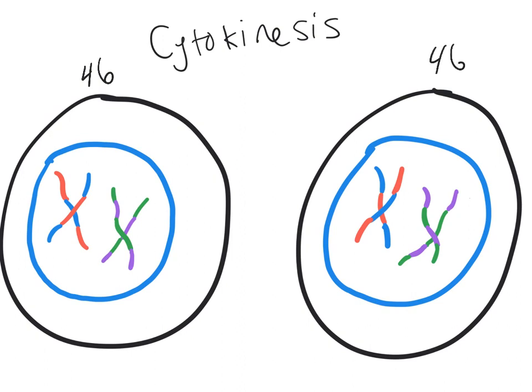So this poses a problem, because if sperm and egg had 46 chromosomes apiece, that would not lead to good things when fertilization occurred, because then a 46 chromosome sperm would fertilize a 46 chromosome egg, which would lead to a 92 chromosome person. Not exactly what the goal is. So what we need to do is divide one more time.